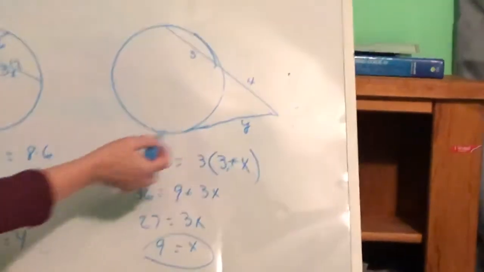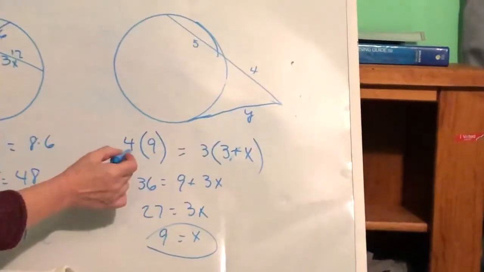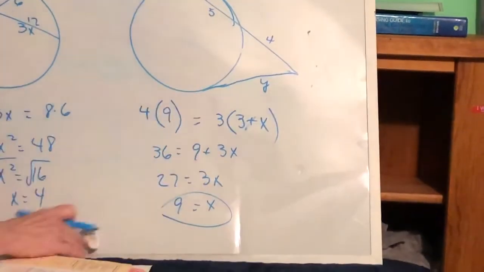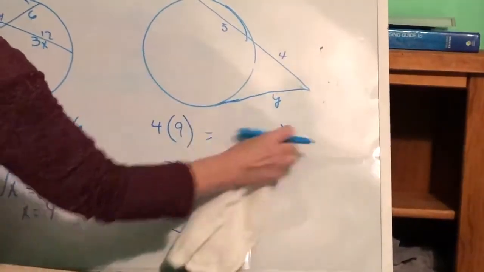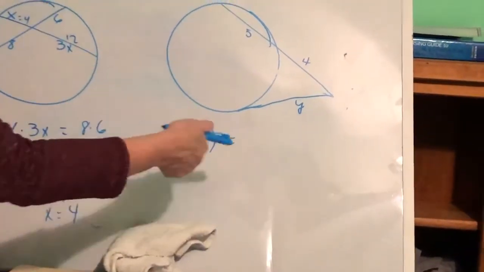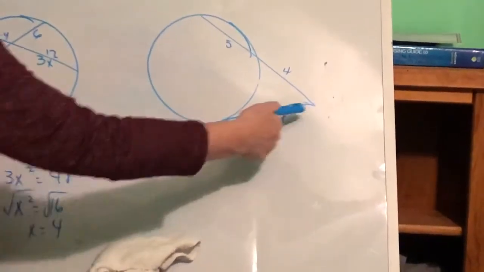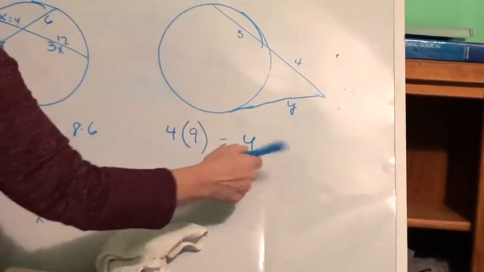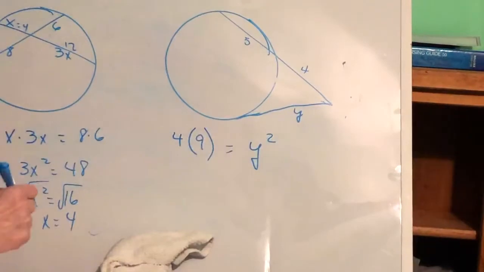So the same rule applies over on the secant side, 4 times 9, but over here the external part of the tangent and the internal part, or the whole thing if you will, are both y. The external part is y and the whole part is y, so y squared.